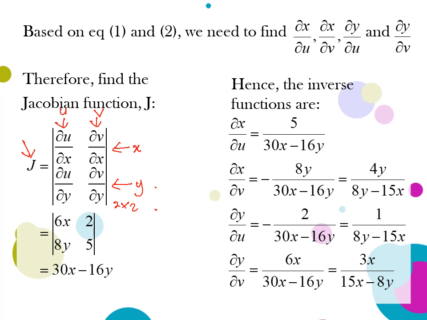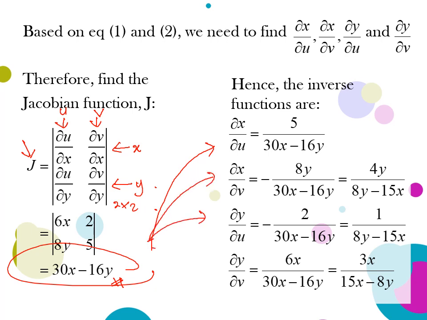Okay, so use and apply the same procedures, the method as I showed in the previous slide. So you got your Jacobian to be this. Okay, and then apply the Jacobian into the formula for finding all these four partial derivatives.